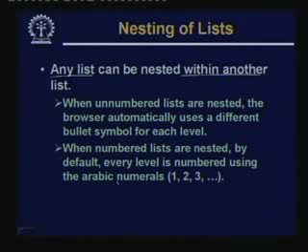So, there are two things you should note. Well, for the definition lists anyway there are no numbers or bullets generated, so they do not create any problem. But when you are nesting unnumbered lists, there is a point to remember. When unnumbered lists are nested, the browser will automatically try to use a different bullet symbol for each level of nesting.